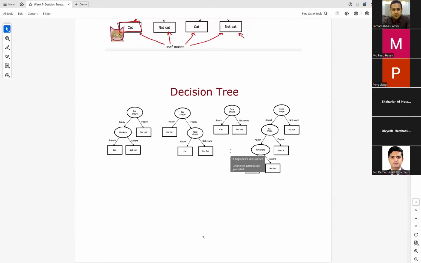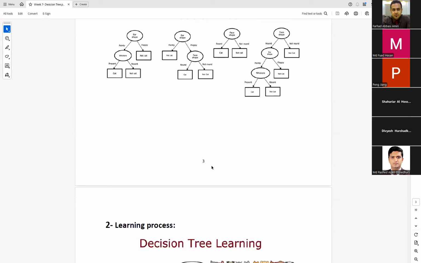So from 4 votes, 3 say that it is cat, and just one says it's not cat. So our decision would be that the image is cat, right? So we vote on them and see what the vote is.